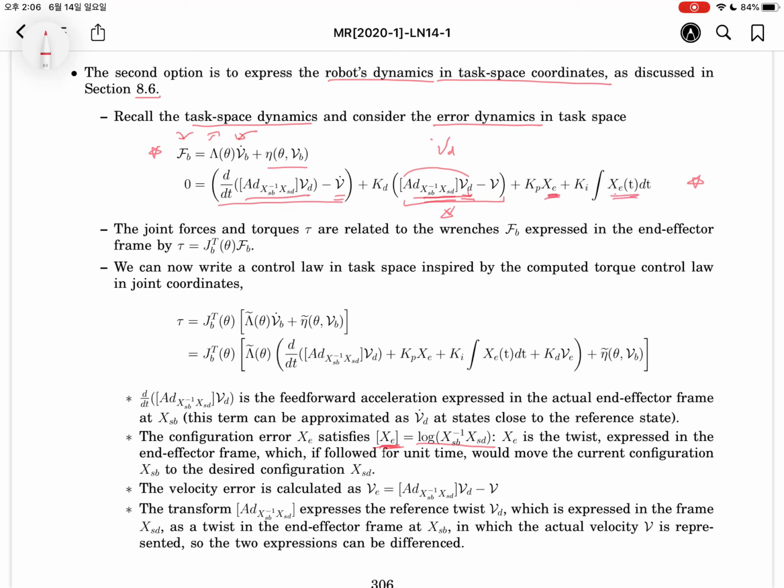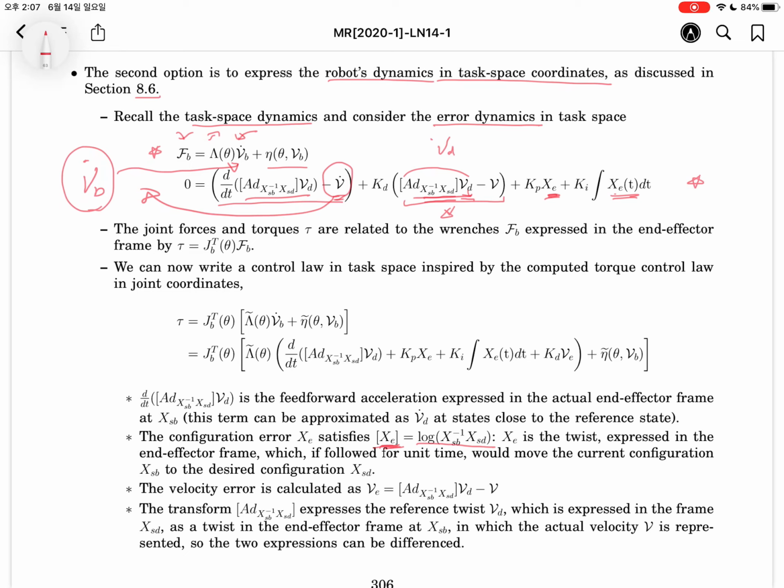And then taking a time integral, we can implement the integral error. From here, this part can move to here, like this. It will be applied here. Then we can complete the inverse dynamics control in the task space frame.